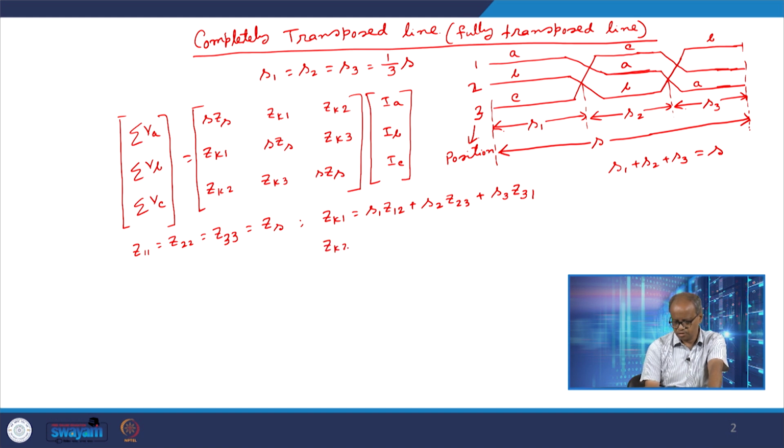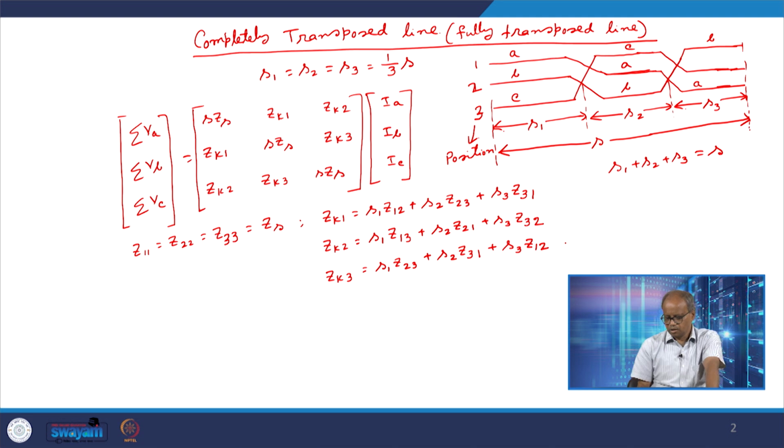Then Zk2 is equal to S1 Z13 plus S2 Z21 plus S3 Z32, and Zk3 is S1 Z23 plus S2 Z31 plus S3 Z12.